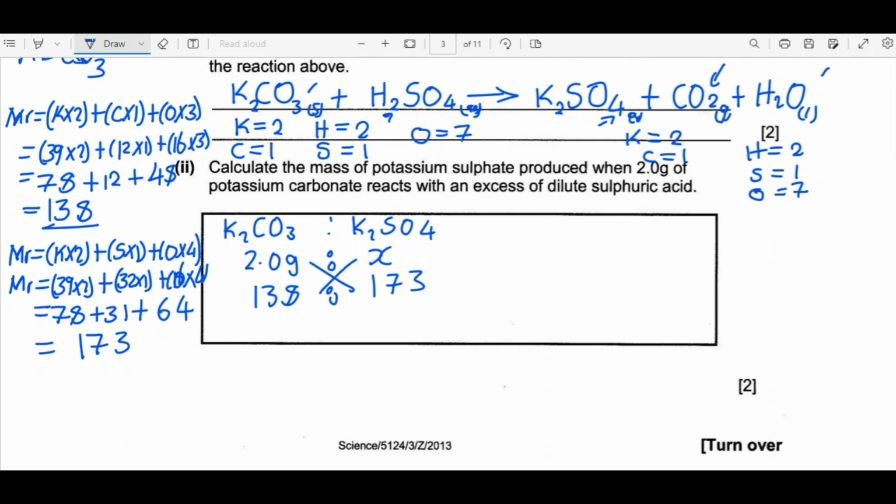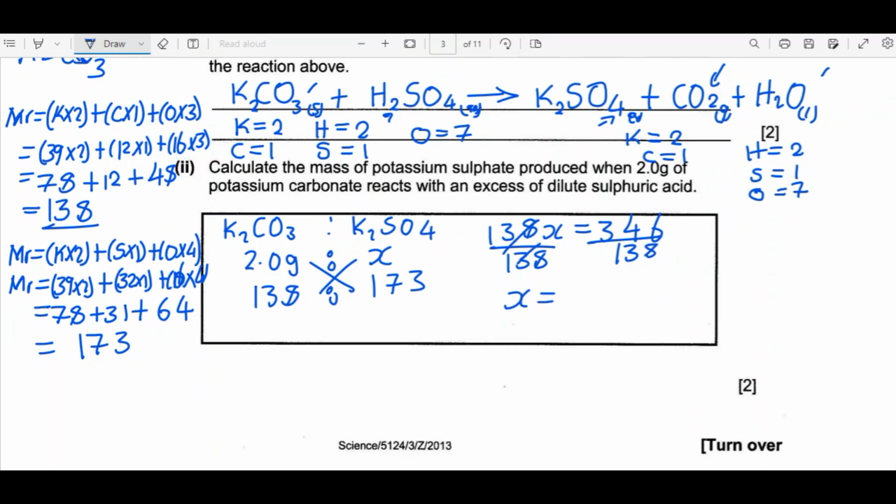Then we cross multiply. So our task from now on is to find the value of x. So 138 times x is equal to 173 times 2. I'm getting 346. We divide by 138.